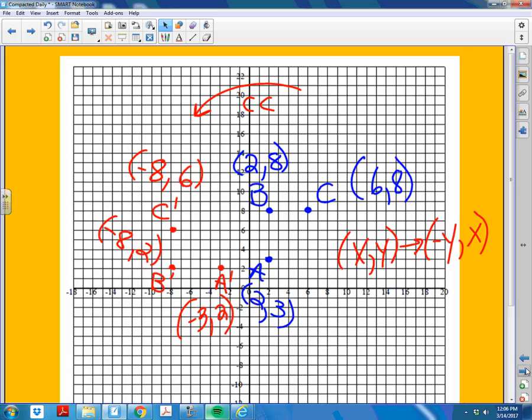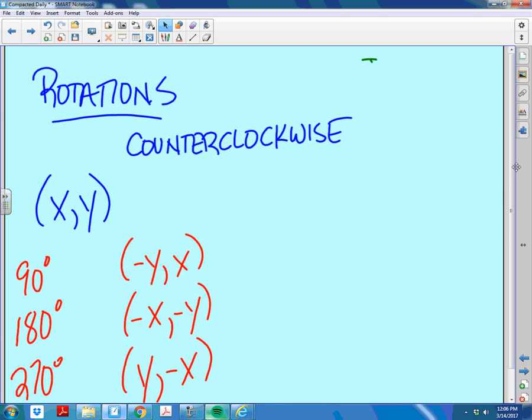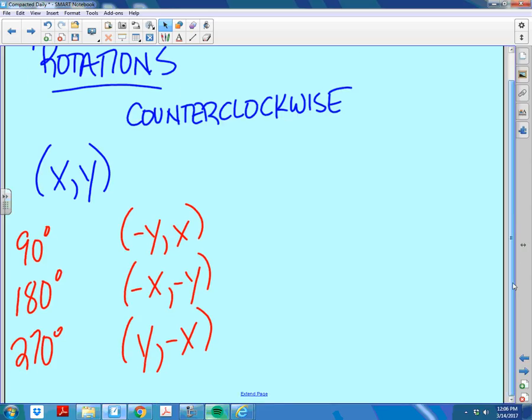Another way to talk about it, because a lot of times the x's and the y's get a little bit confusing. Here's another way to think about it, guys. Go back to my rules really quickly. There are basically 2 rules you need to think about. Number 1, if it's 180 degrees, the ordered pairs stay in position, they just both become their opposites.